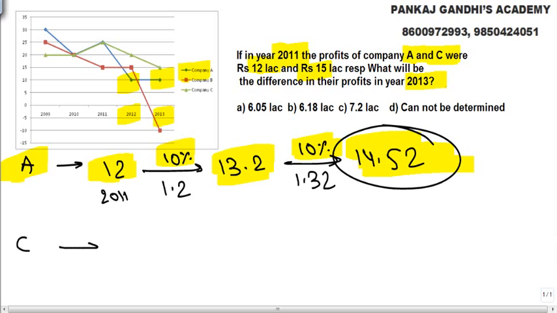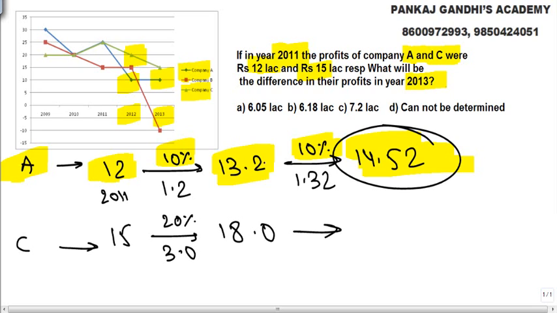And C's profit, 2011 to 12, C's increment from previous year to this year is 20%. If it was 15 lakh, 20% is 3, so it becomes 18. 15's 20% is 3 increase.